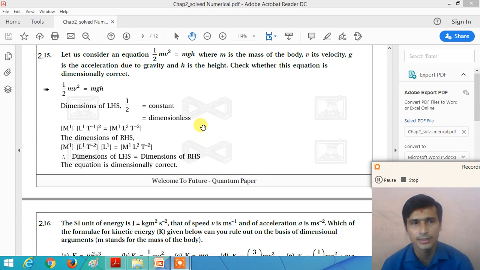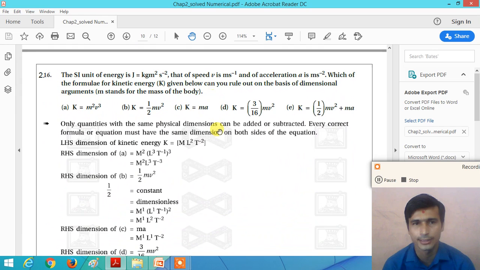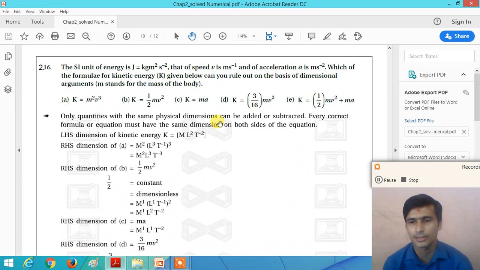So now we will see a similar example, example number 2.16. With the help of the same use of dimensional analysis, check the dimensional correctness of the equation. The SI unit of energy is joule. It is equal to kilogram meter square second raised to -2.